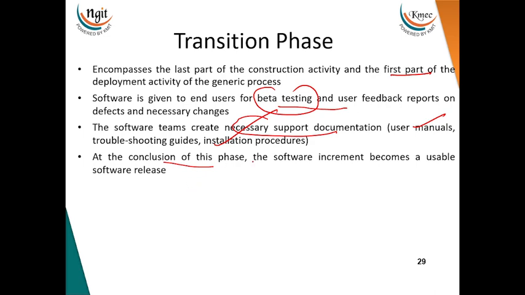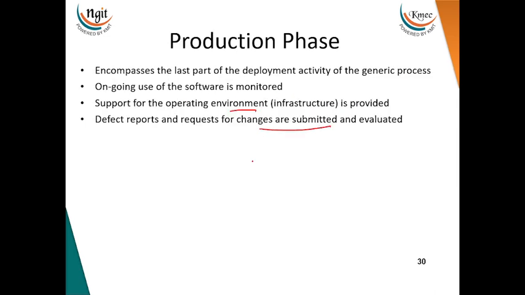At the conclusion of this phase, the software increment becomes usable and the software is released. Then the production phase emphasizes the last part of the deployment activities of the generic process. Ongoing software monitoring is there, support for the operating environment is provided, and defect reports are submitted if any.